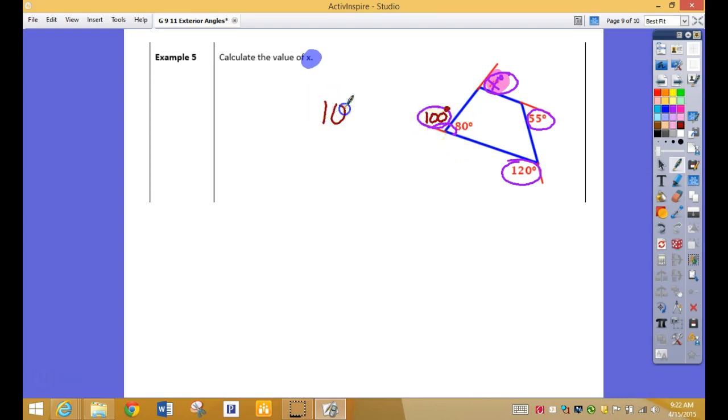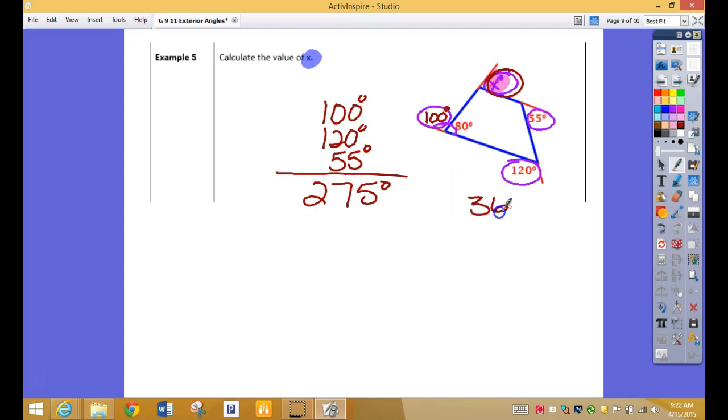Now I can take my 100 degree, this one, my 120, and my 55, add those up, I'm going to get 275 degrees. That's those three. Now I'm still missing the one, so now I can go 360 degrees, subtract that 275, and you end up with 85 degrees.